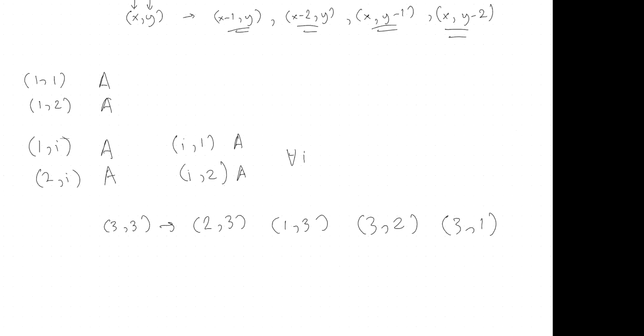But Bob for sure has a winning strategy. He just turns this into 0 and he wins. So Alice, regardless of what she does, must end with a winning position for the second player, which is Bob. Therefore, this one is a losing position, which means Bob has a winning strategy for (3, 3).